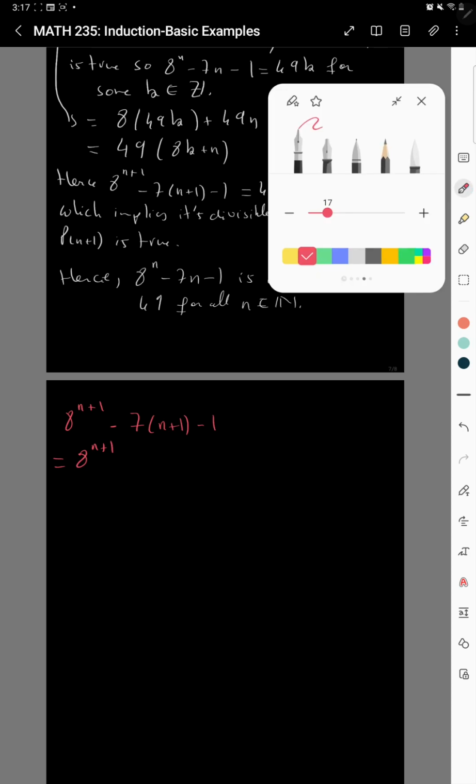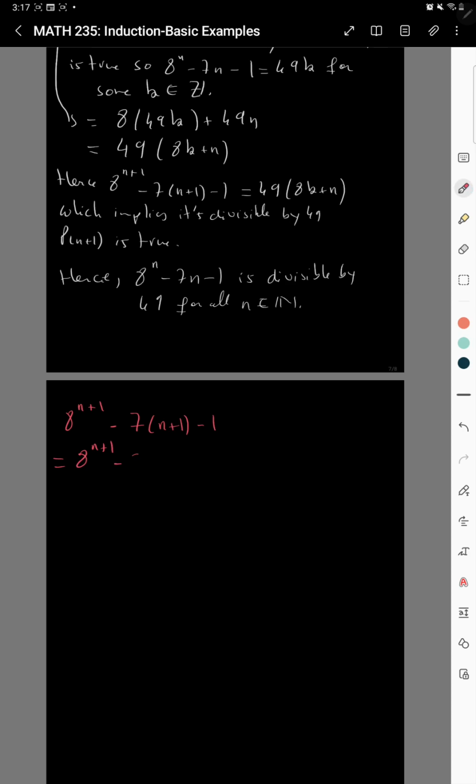What if we just expanded first what we had? And notice that all I need to do to let an 8 to the n minus 7n minus 1 appear in the induction step is just to have added an 8 to the n here.